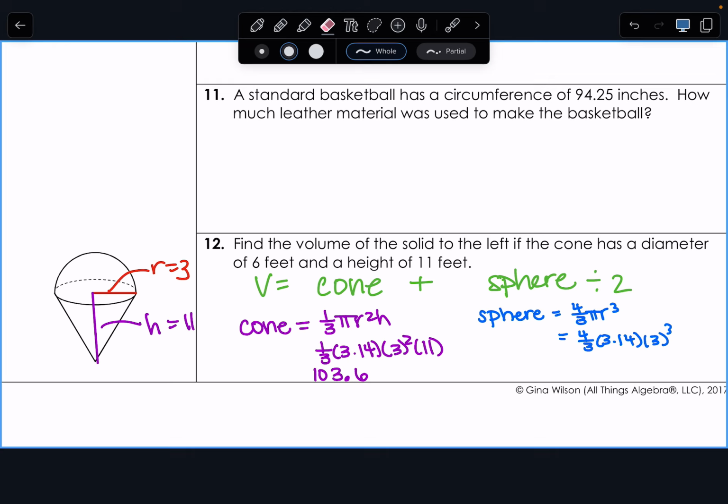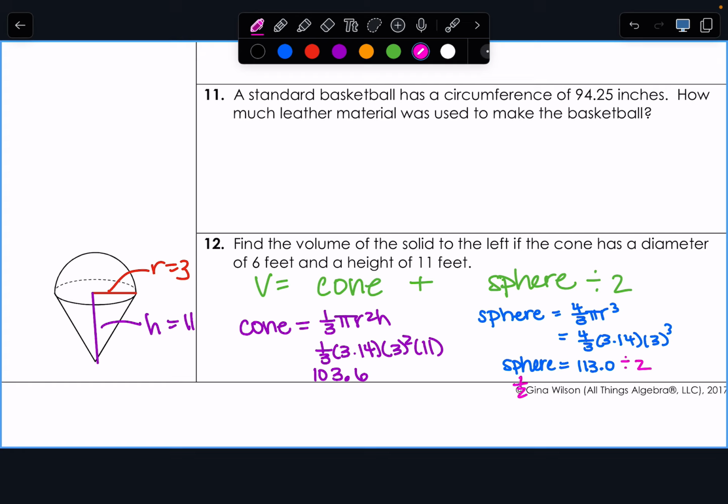What'd that turn out to be? 113.0. Okay, so our full sphere is 113.0. But what are we going to need to do with that? We're going to have to divide it by 2 because this is only half of a sphere.